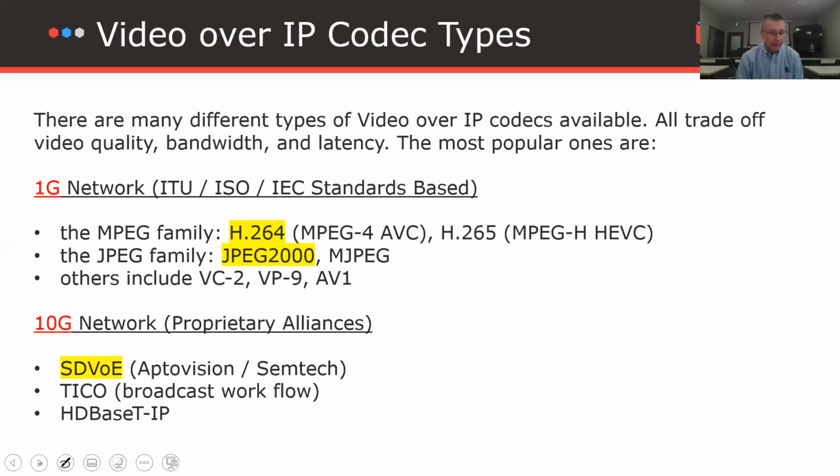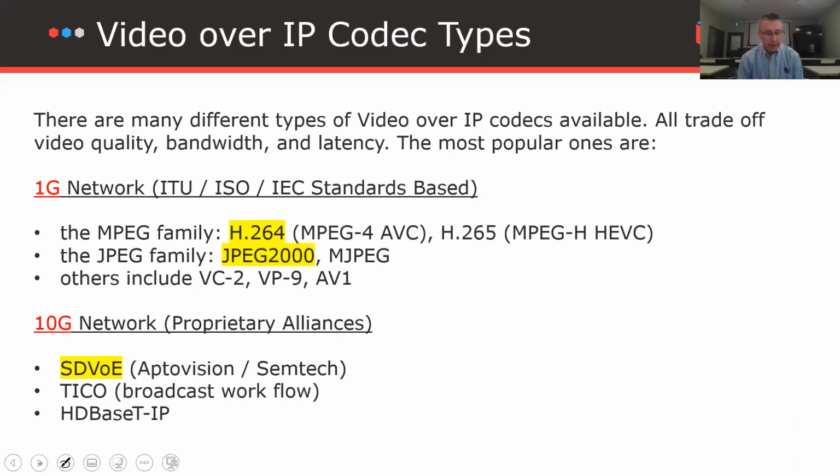If you're looking for a product offering to carry video over IP codecs, you really do need something from the three families we're going to talk about. I always say something from the MPEG family, something from the JPEG family, and something from the Alliance guys, because applications dictate that you're going to need something from each of those categories to cover all your applications. There is no such thing as the world's perfect codec for all applications. It just doesn't exist because everybody has to trade off quality, bandwidth, and latency.